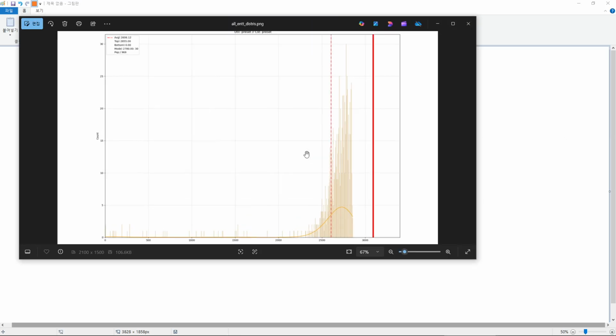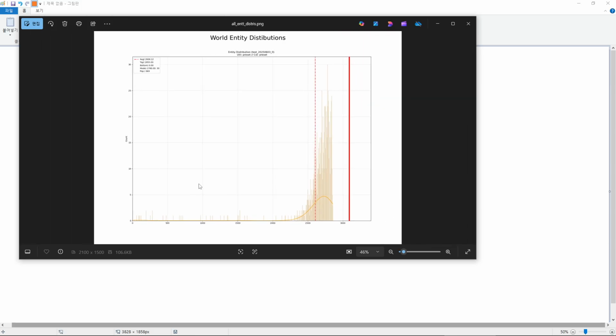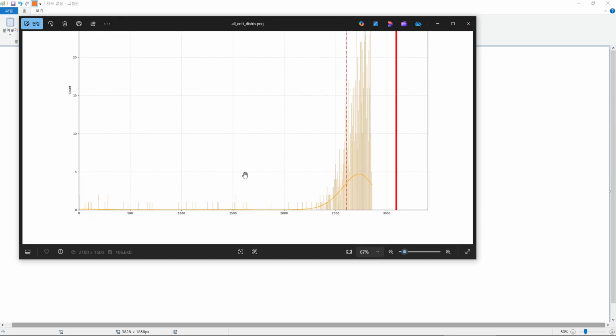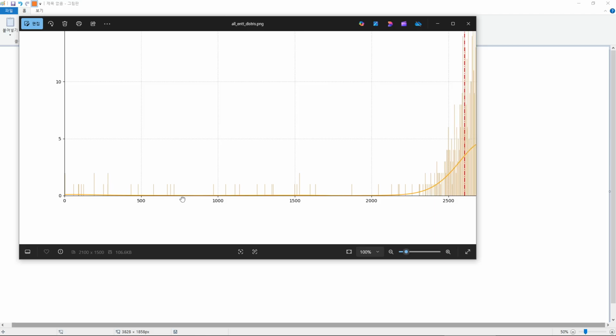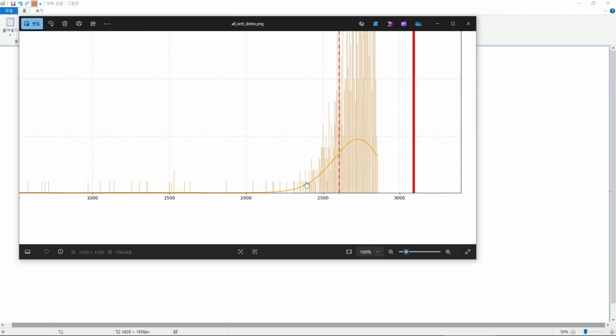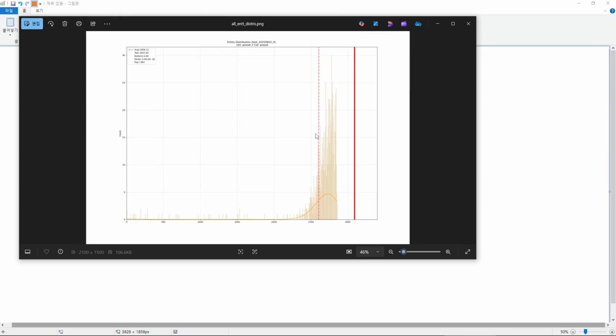This is what happened when I created void entities per generation, and you can see that because I did that, I have entities here, these like a really long tail. So well, that was fun.